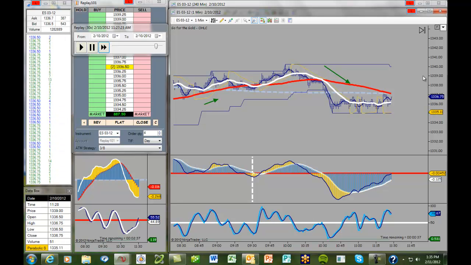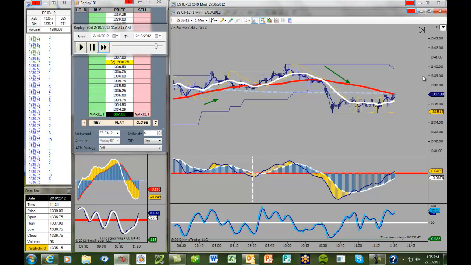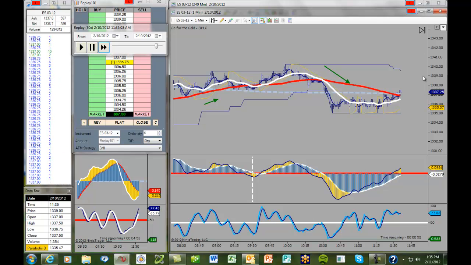Quite a sideways consolidation here. A little past 11:30 Pacific time now. Are we going to turn bullish? I don't think so.